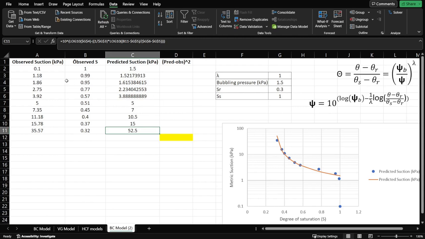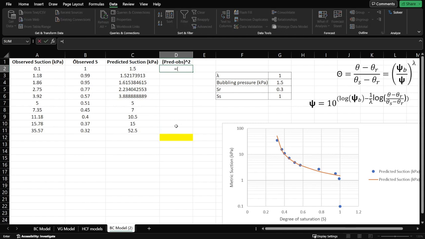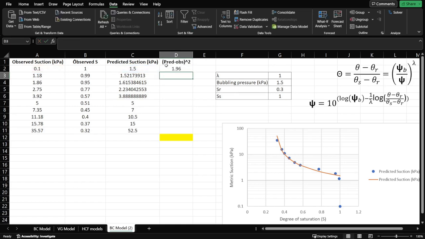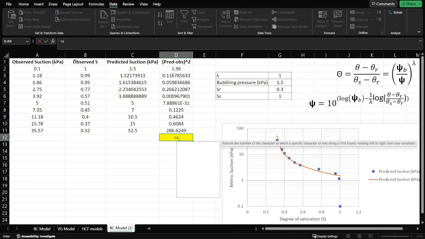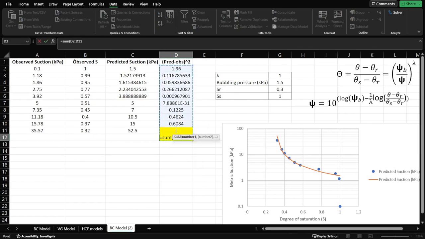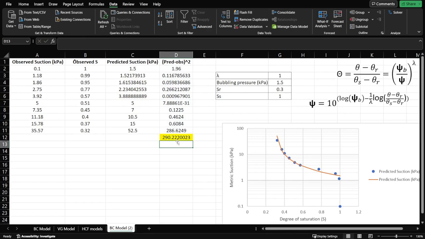So here what we need to do, we need to first find the error which is there between the predicted and observed value. The predicted values are here and the observed values of suction are here. So let's take a square for positive value. So these are the errors which are there. If we sum these errors, the sum of the error is going to be this.